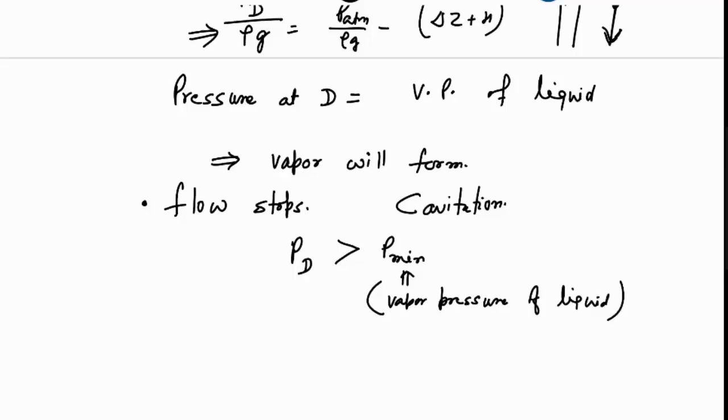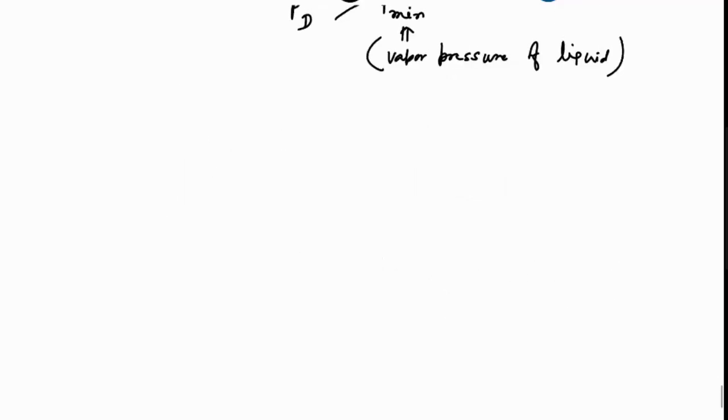Then only the vapor will not lock. Otherwise, vapor will start locking inside the pipe and your flow will stop. Sometimes in the liquid you also have air bubbles, and that air can also close the flow, but in this case the stopping of flow is due to the formation of bubbles due to the vapor. So this is about cavitation.